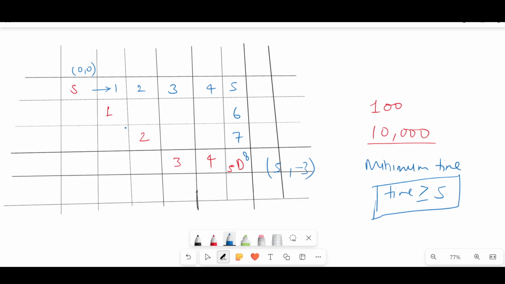And how am I going to calculate the minimum time? I'm going to calculate how much I can travel diagonally. The time is saved when I am traveling diagonally like this.